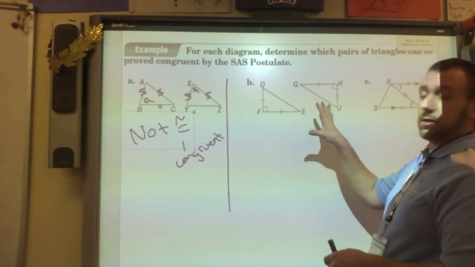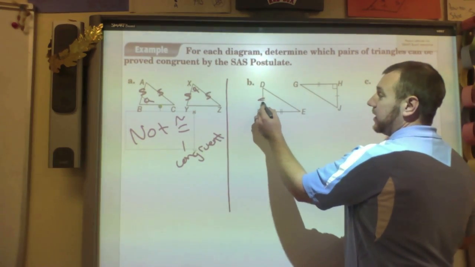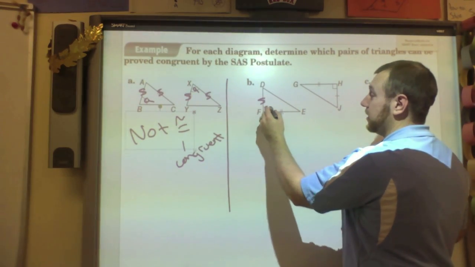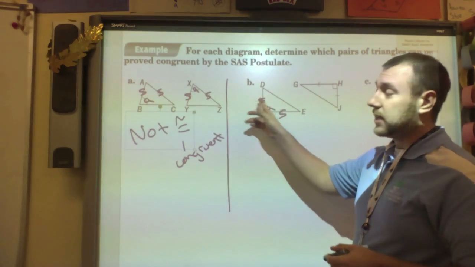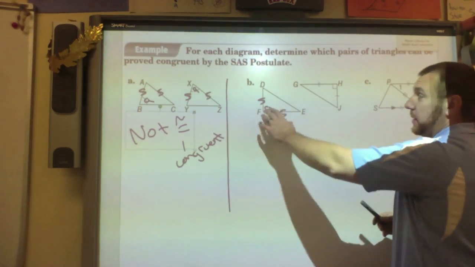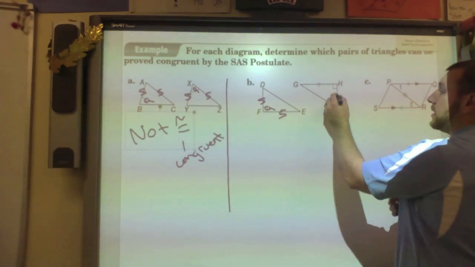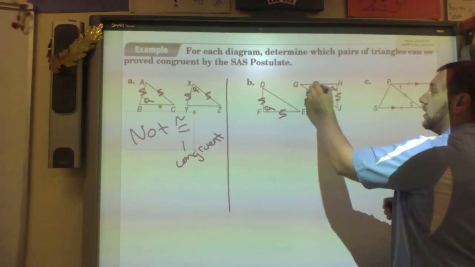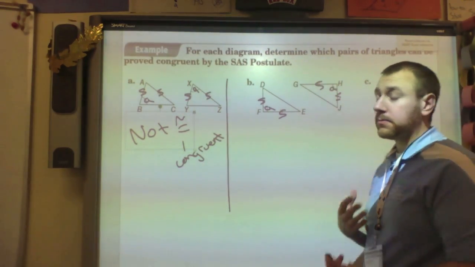In this, okay, I'm given a side, I'm given this 90-degree angle, and then this other side. So side, angle, side. Does that match this? Side, angle, side. Yes, it does.